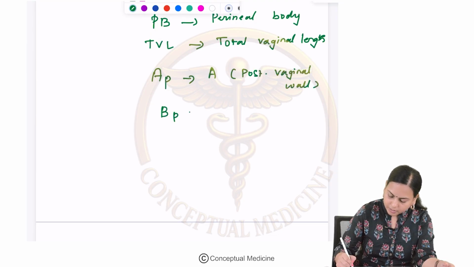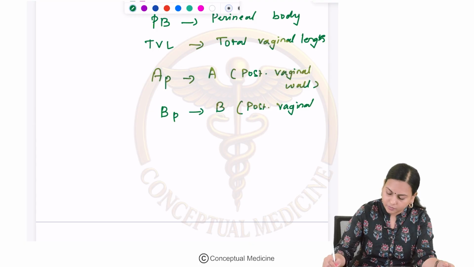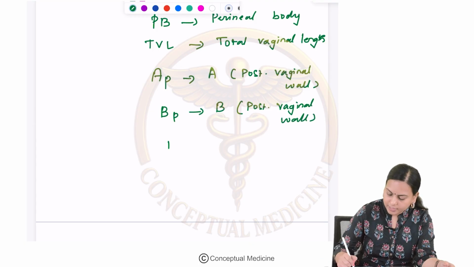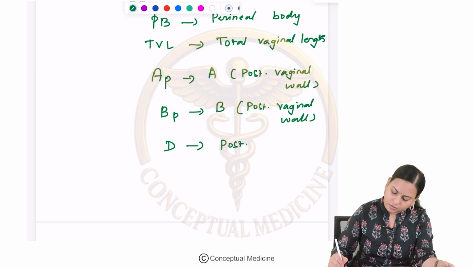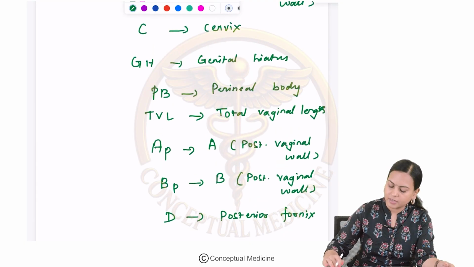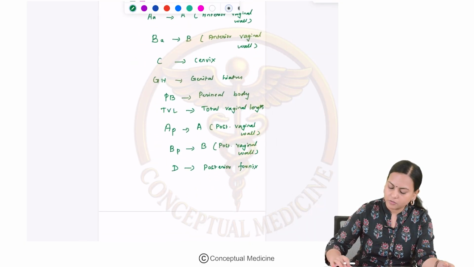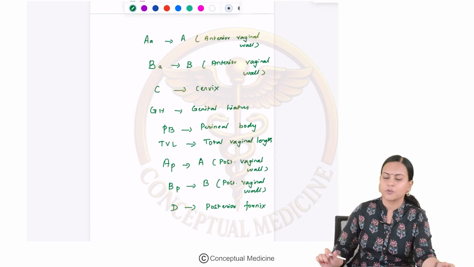Then BP, the point B that is taken on the posterior vaginal wall. And finally, we have the point D also, which is posterior fornix. Clear? So, you have to know all these points, right?